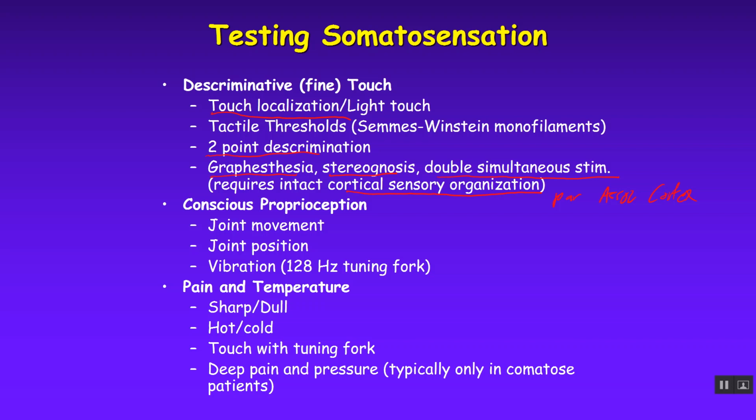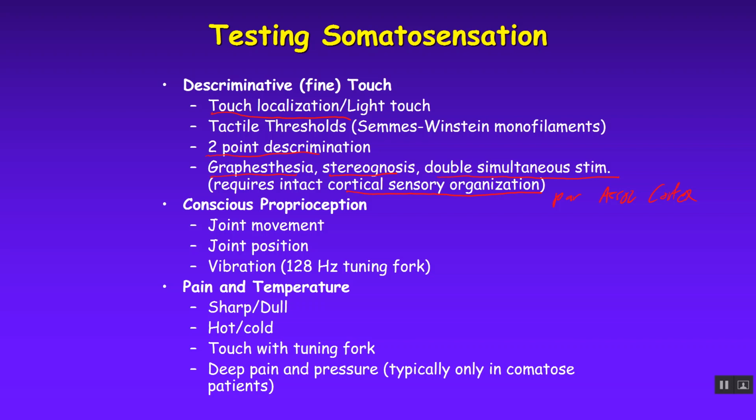So what happens here is if I ask them to close their eyes, if I just test one limb at a time, their sensation appears pretty normal. I'm going back and forth between the two limbs, and the sensation seems pretty normal, left and right. They just have damage in that association cortices, right?